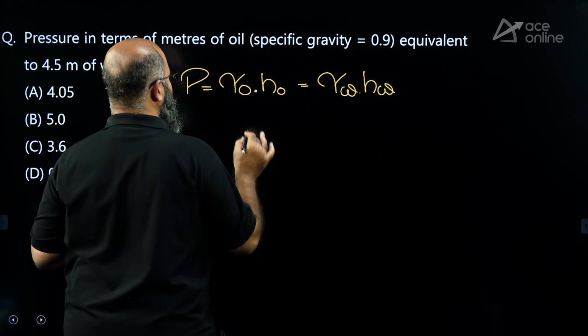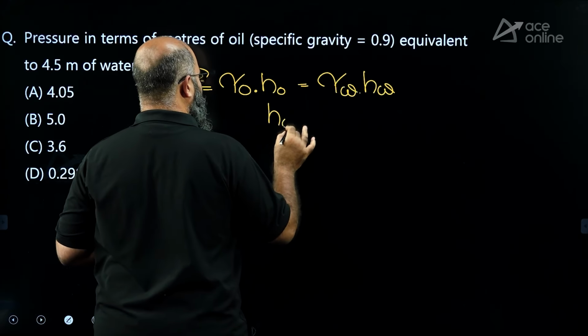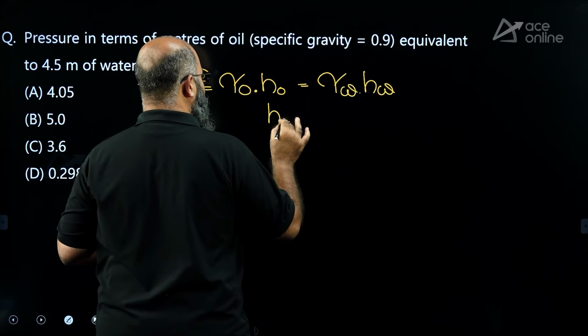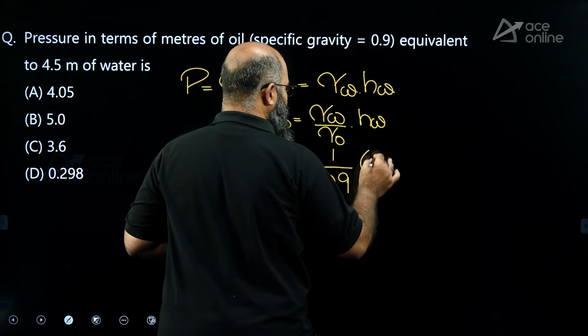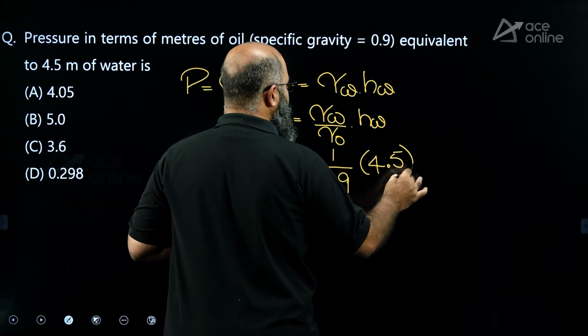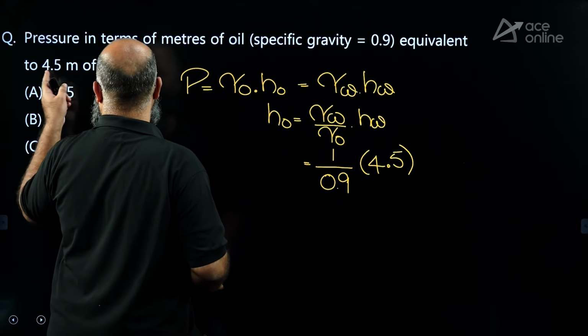So now, H of oil has to be equal to gamma water divided by gamma oil multiplied by H water. So this is equal to 1 by 0.9, because we know gamma ratio is as per the specific gravity ratio, and this over here is 4.5 given in the question. You see, 4.5 meter of water.